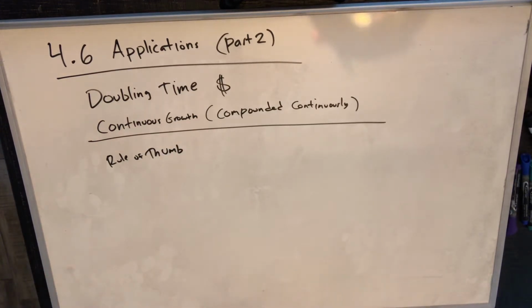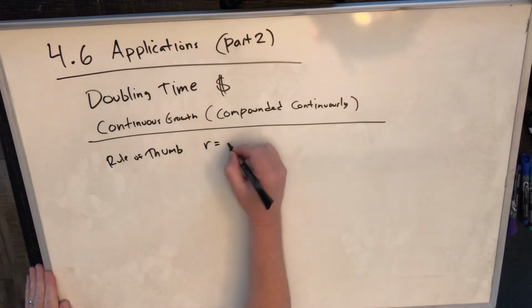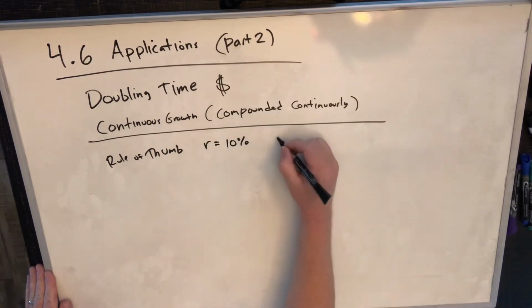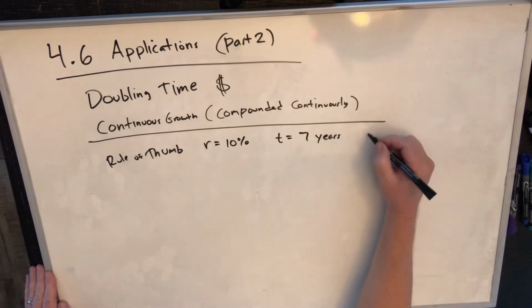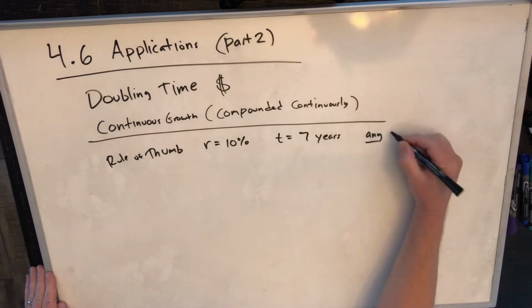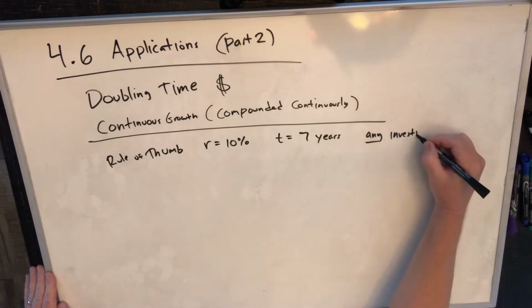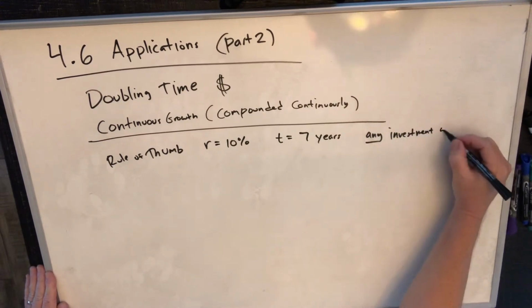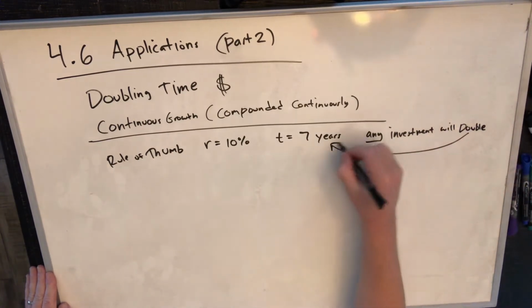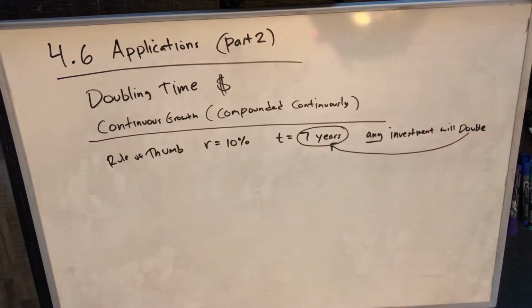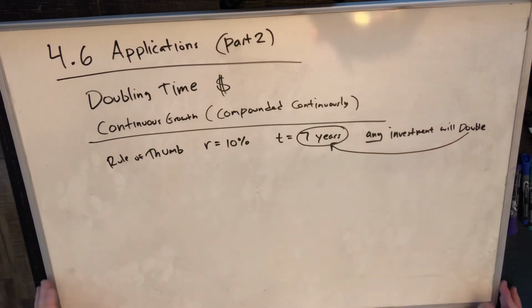The rule of thumb is that a 10% interest for a time of 7 years, any investment will double in 7 years. So it's the 7-year doubling rule. And it gives us a really cool trick.